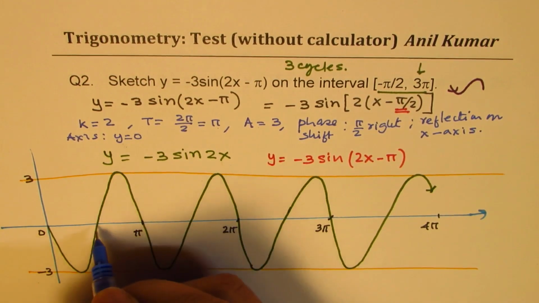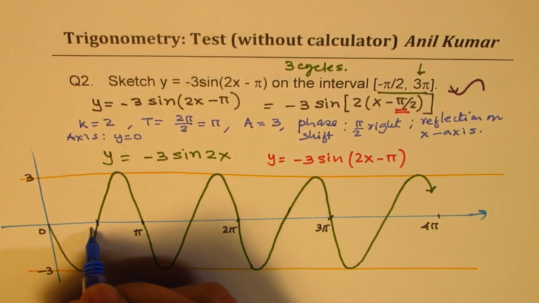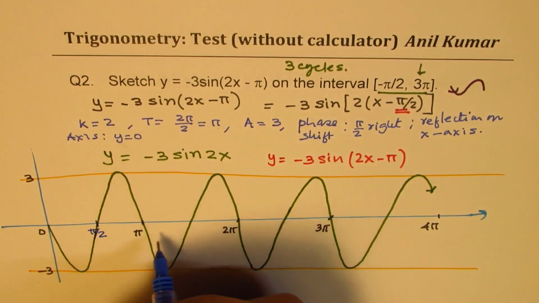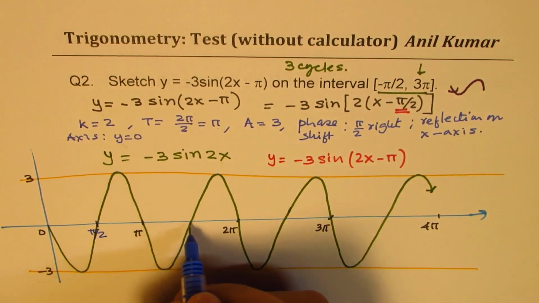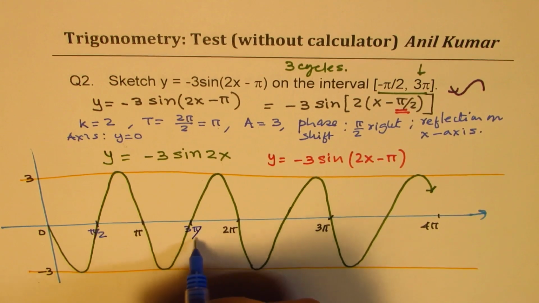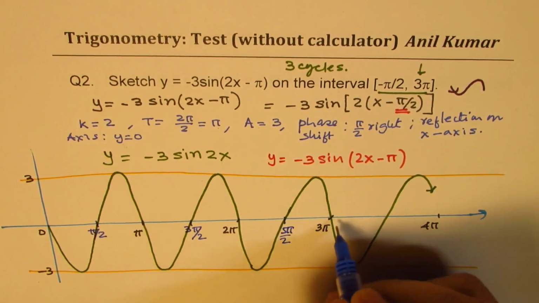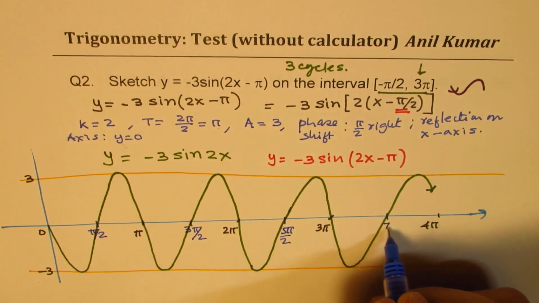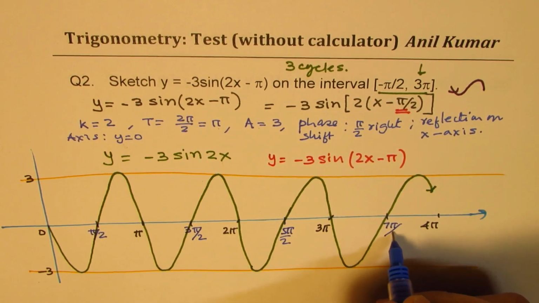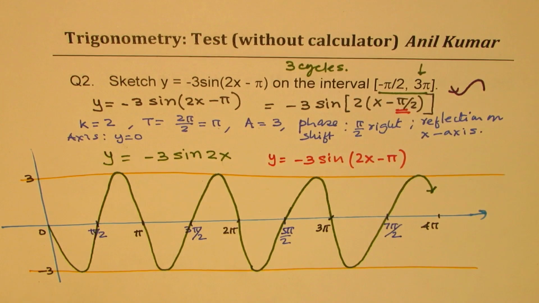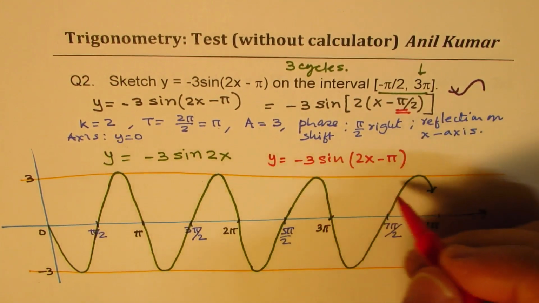What is pi by 2 for me? So this is pi by 2, then 2 pi by 2, this is 3 pi by 2, 4 pi by 2, 5 pi by 2, 6 and 7 pi by 2. Correct? The whole graph will actually shift by pi by 2.